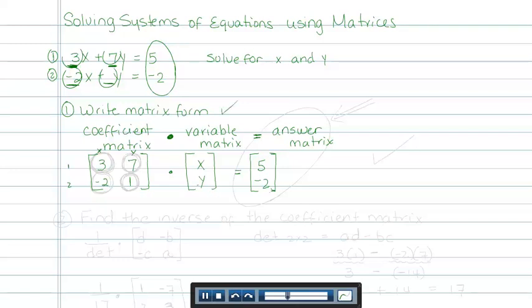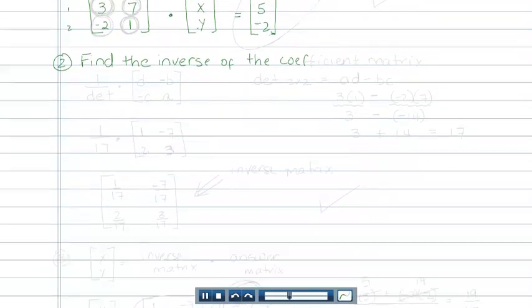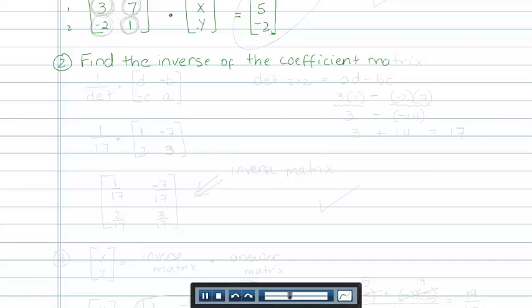Matrix form, done. Number 2, you're going to find the inverse of the coefficient matrix. Remember that the inverse is 1 over the determinant times our swapped out matrix. In the swapped out matrix, the D and the A swap, the B stays but the sign changes, the C stays but the sign changes. Here on the side I'm going to do my calculations.